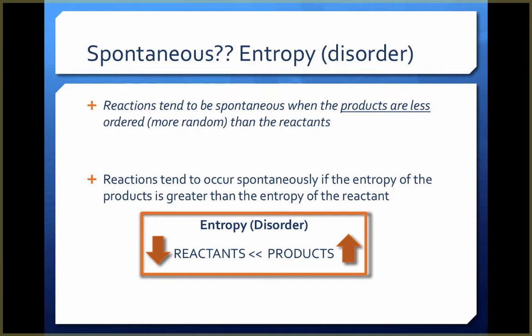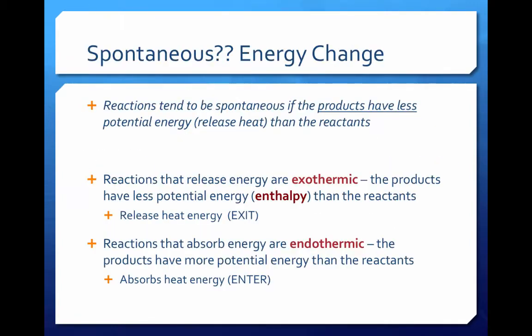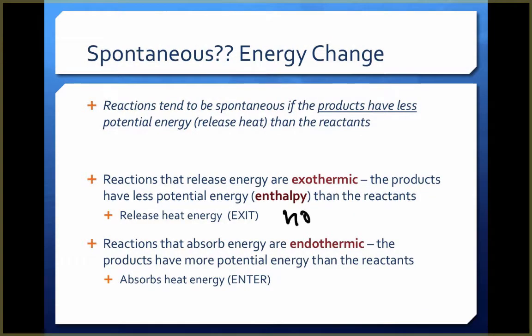You see, having to be disordered. But this term that just generally refers to energy is enthalpy, not entropy. So notice there's a bit of a difference. This is disorder. This is just temperature.